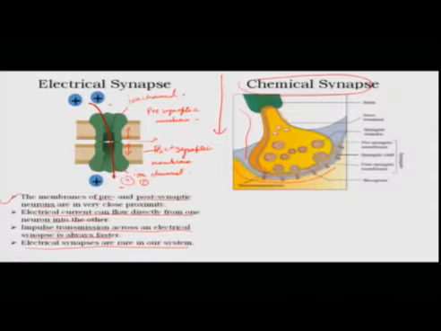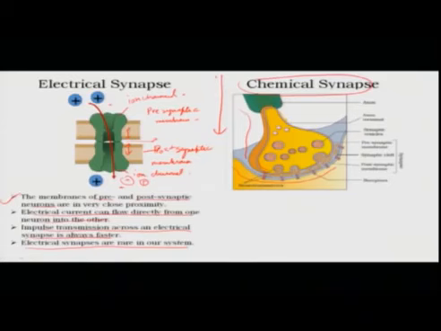Instead, there is a change of guard, meaning there is a change in the communication system. So, before this, within a particular neuron, from the dendrite to the axon, there were electrical impulses being carried. Then as it reaches the end of the axon, this electrical impulse now gets converted into a chemical signal. So, this chemical signal is in the form of what is known as neurotransmitters. So, what are these neurotransmitters?